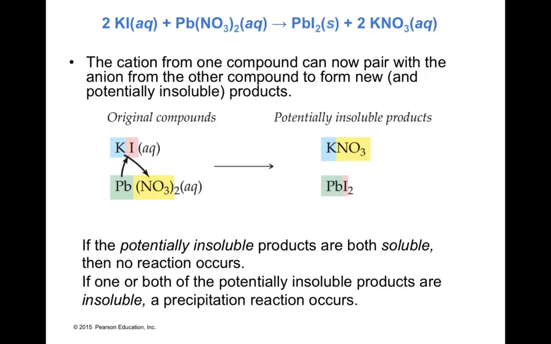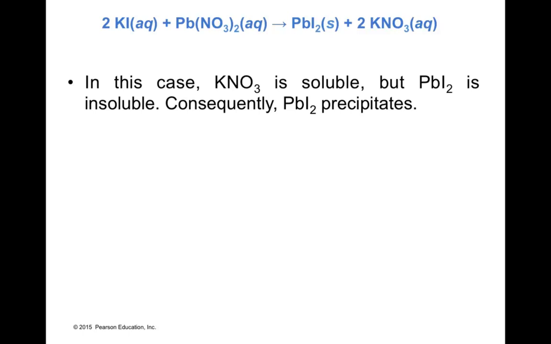The only way that we can know which one is soluble or insoluble is by looking at the table, at the rules that we saw before. In this case, potassium nitrate is soluble, but lead iodide is insoluble. That's why eventually that will be the solid, and that's why in the equation you must use the subscript S, because you're going to produce a solid.